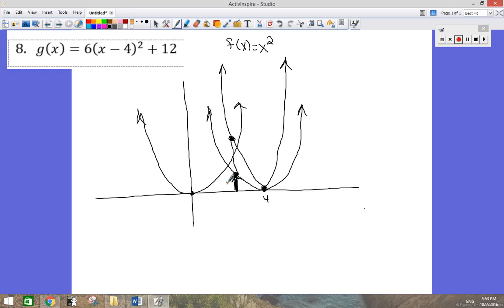So if this were at a height of 1, now it's at a height of 6 times 1. So the effect is that the parabola got skinnier, that it's not opening as wide. The plus 12 is going to take this vertex and lift it up 12 units.